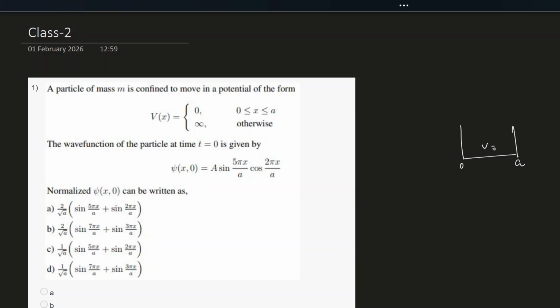Outside this box, the potential is infinity. That means it is an infinite potential well, or a particle in a one-dimensional box problem, right?